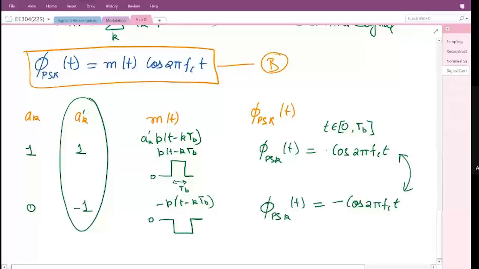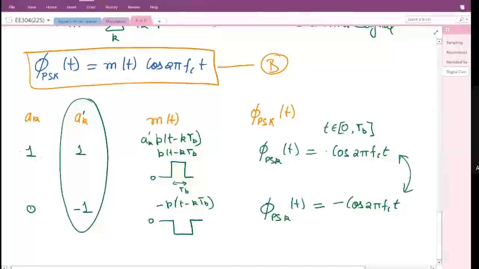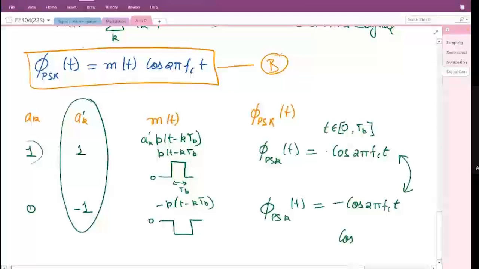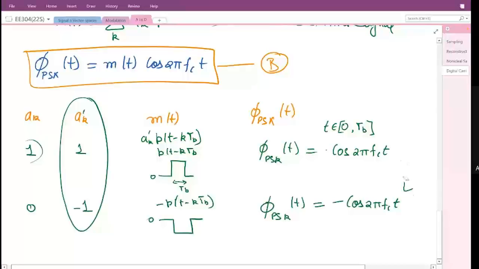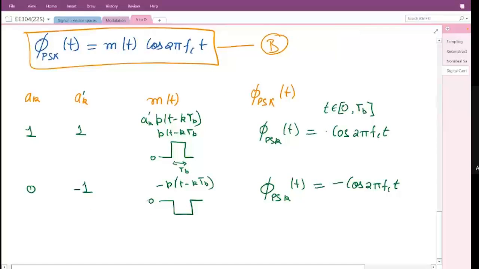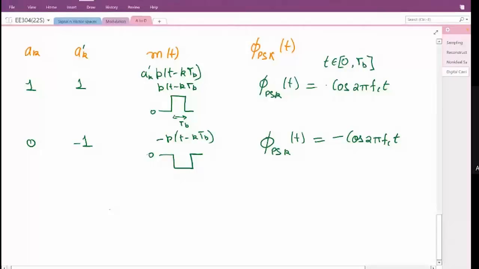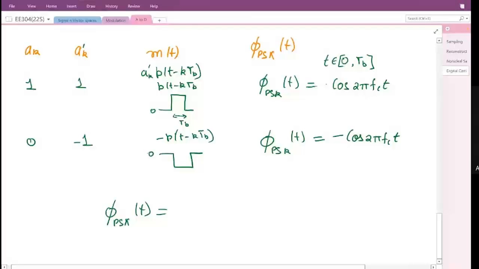In that case, we have to map from AK, whatever value AK takes. Another way to write this: if we did not have AK prime, then we could have written PSK T as equal to what?